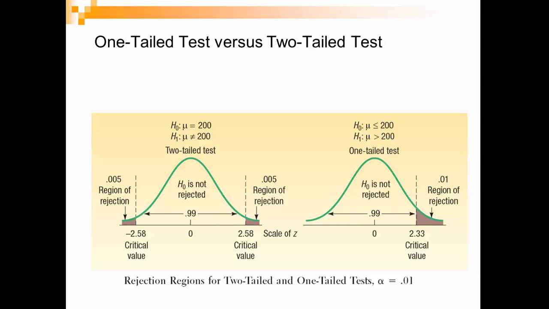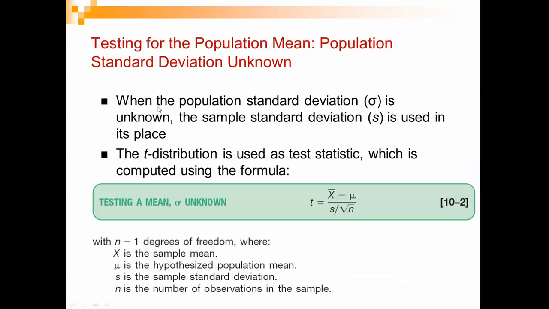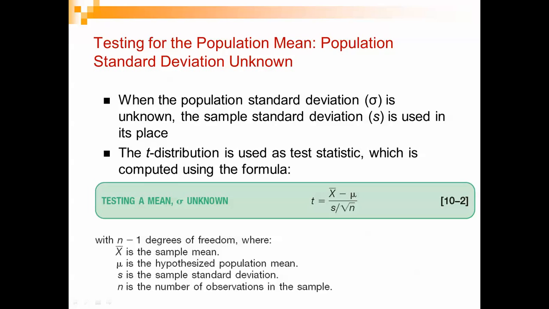And so what do we do if we don't know the population standard deviation? You guessed it, we use the t-statistic. So if we don't know the population standard deviation, we use the sample standard deviation in its place, and the t-distribution is used as the test statistic which is computed using this formula.